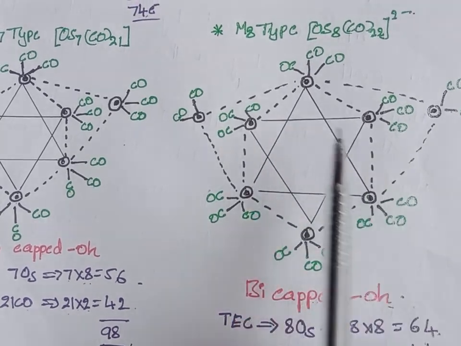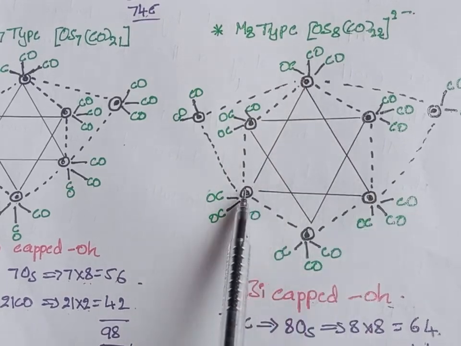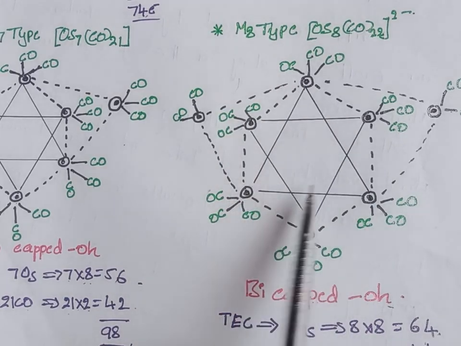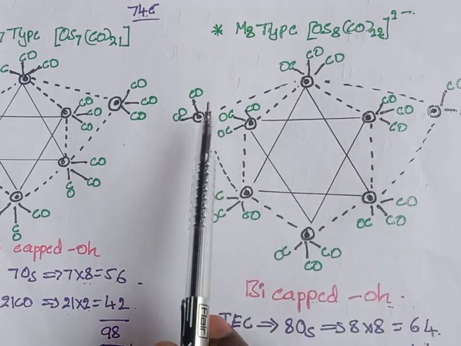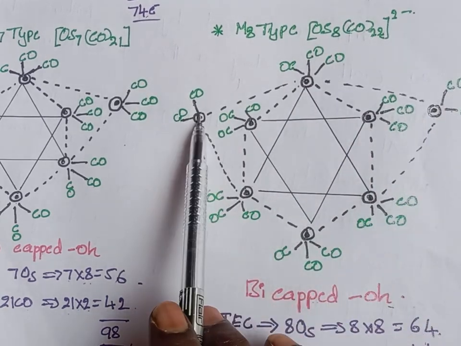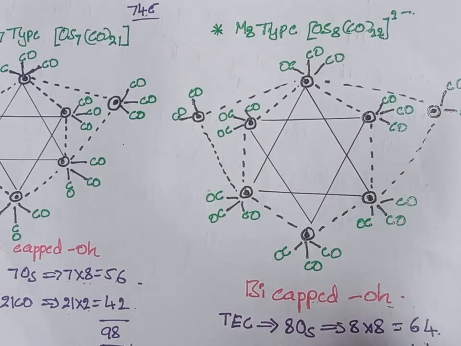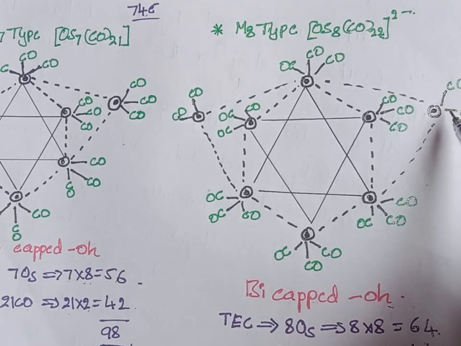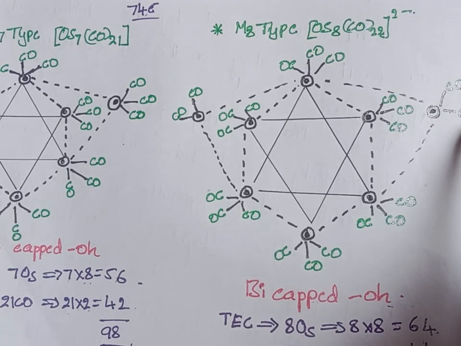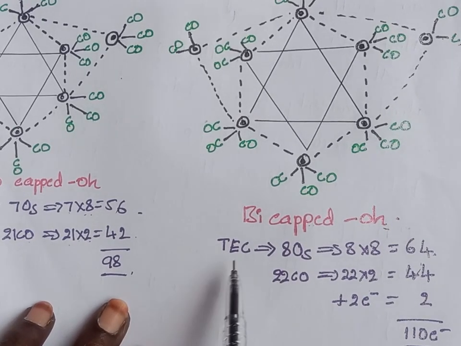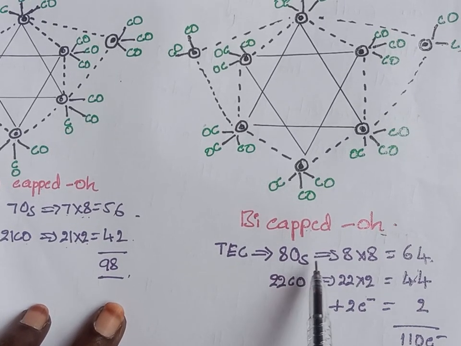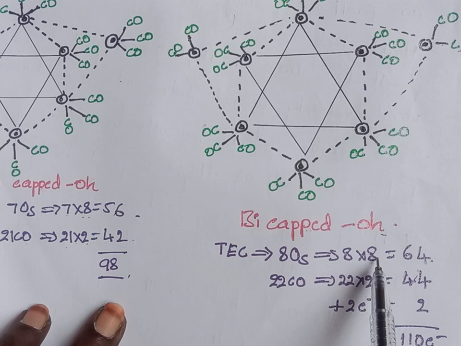In this structure, the 6 octahedrally arranged metal atoms are linked with 3 terminal carbonyls each and the capping metal atoms are linked with 2 terminals each. So therefore Os8(CO)22.